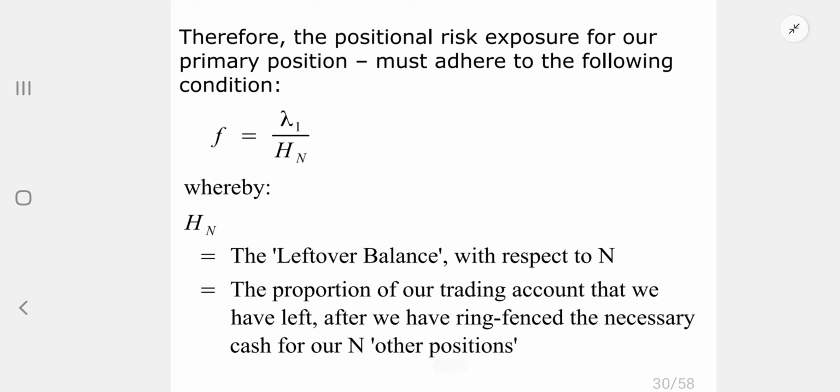Therefore, the positional risk exposure for our primary position must adhere to the following condition.